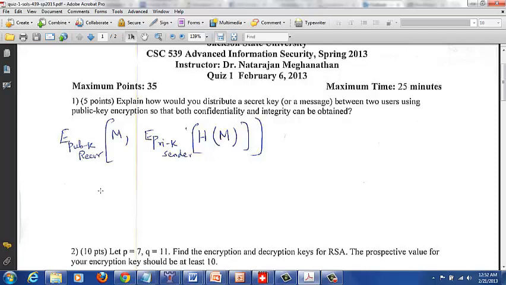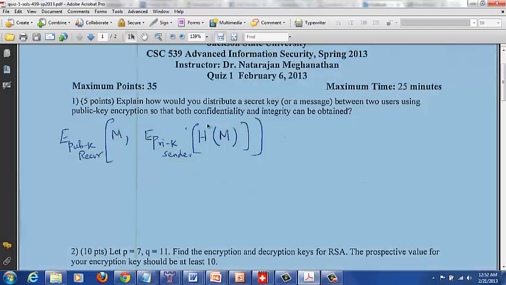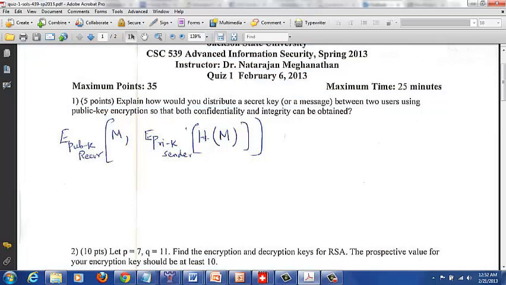So how does the receiver make sure that the message came without any change? For that, the receiver decrypts this portion using the public key of the sender, and extracts the hash value which is encrypted inside.